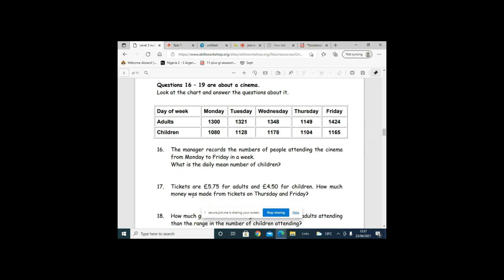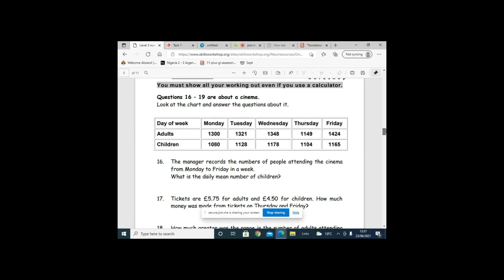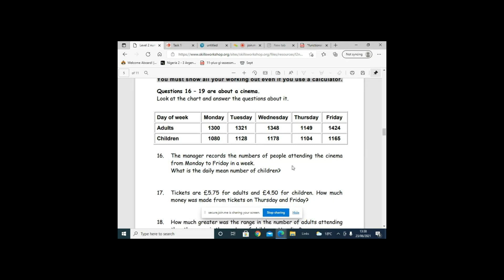So the tickets are £5.75 for adults and £4.50 for children. How much money was made from tickets on Thursday and Friday?